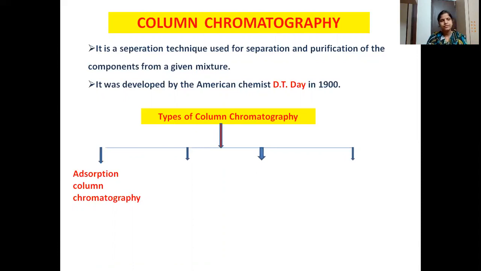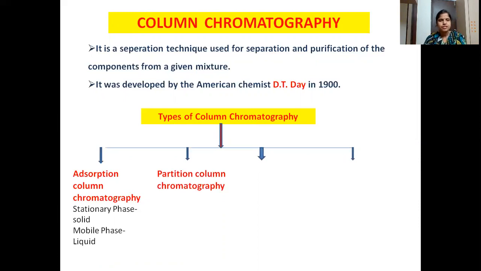Here in the column, we fill the column with a stationary phase on which the adsorption takes place. In adsorption column chromatography, the stationary phase is solid and the mobile phase is liquid, as in the case of TLC also.